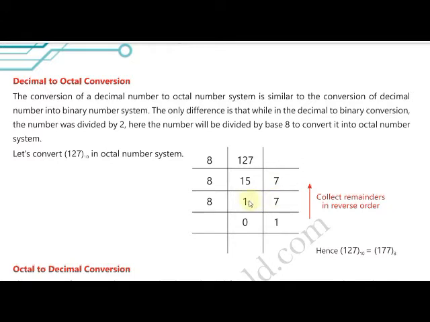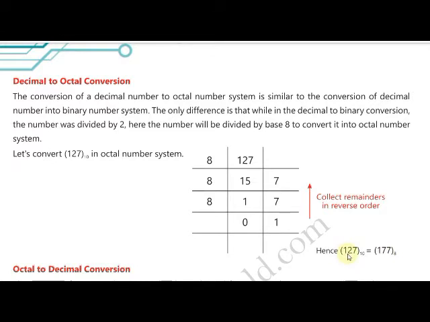Then the quotient is 1. It's less than 8, so we cannot divide it, otherwise we will get a float value. So don't divide it, keep this value as it is. Now arrange the numbers from right to left. First 1 will come, then 7, then 7, that means 177.